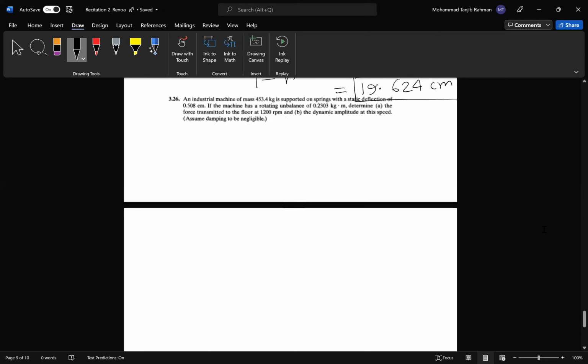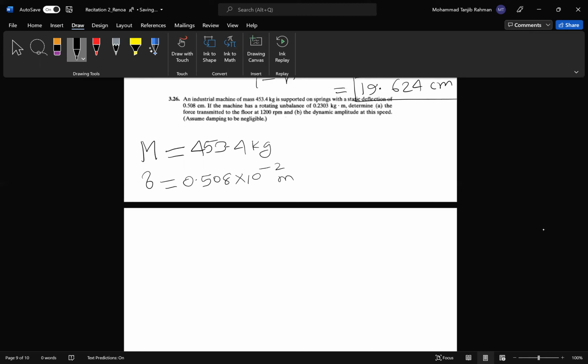So first I'm going to write what is given in the problem. The capital M, the mass of the machine, is 453.4 kg. And the static deflection, delta, is equal to 0.508 into 10 to the power minus 2 meter.